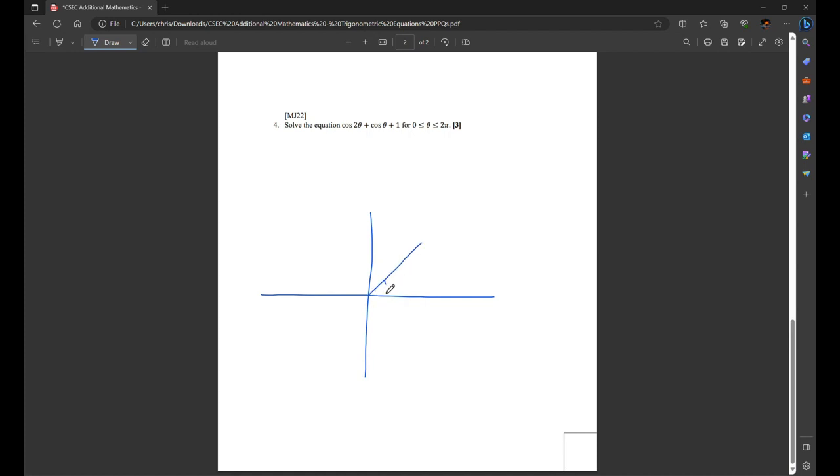This is my first quadrant, of course. And let's say this angle is 30 degrees, like what we were working with earlier. So I have a 30-degree angle right here. And I want a 30-degree angle in the third quadrant. That's going to be measured right here.